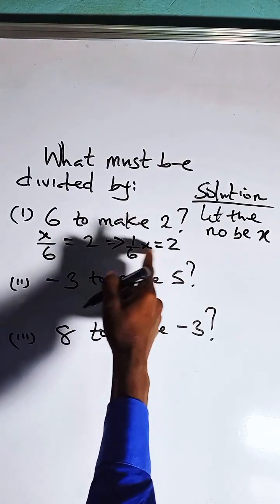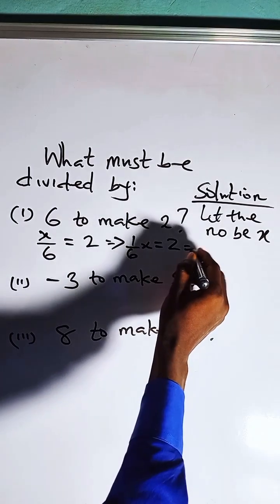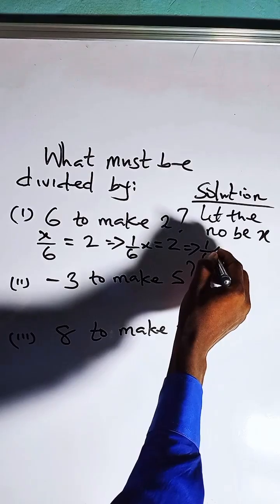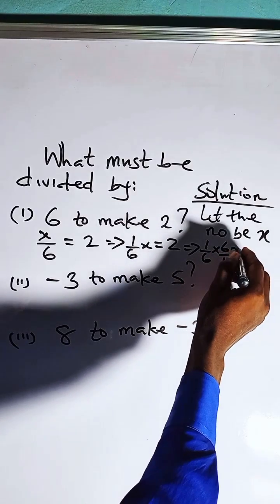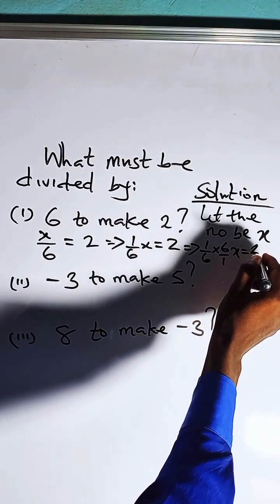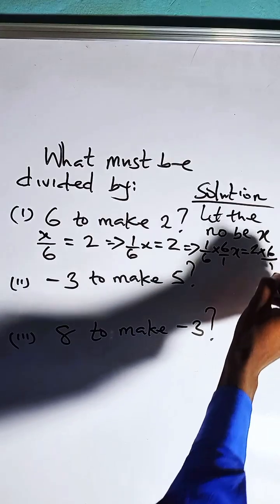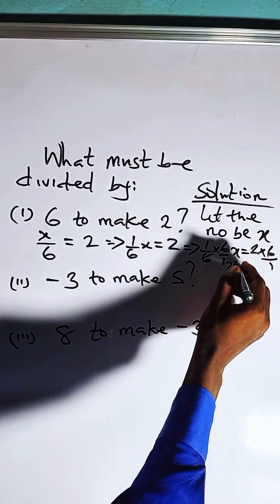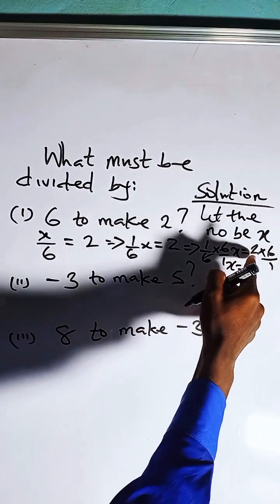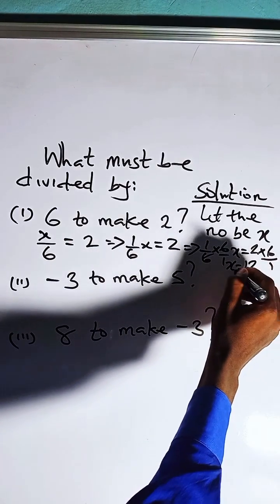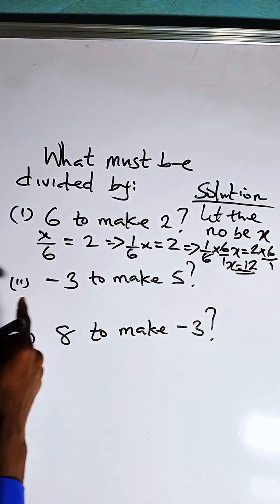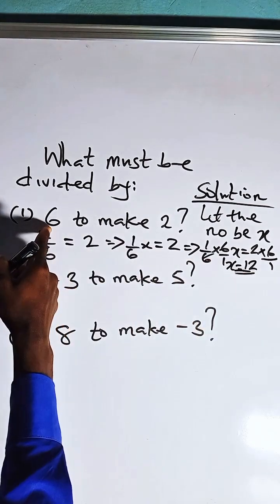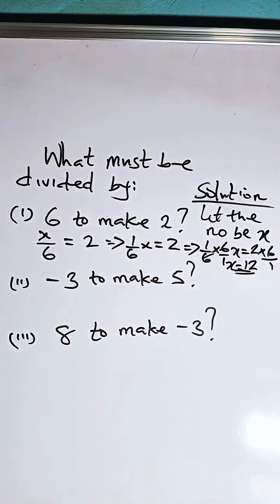Let's multiply both sides by the reciprocal of this. So we have 1 over 6 times 6 over 1 equals 2 times 6 over 1. When we simplify, we have just x equals 2 times 6, which is 12. So that means when we divide 12 by 6, we have 2.